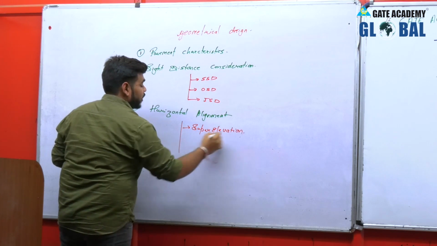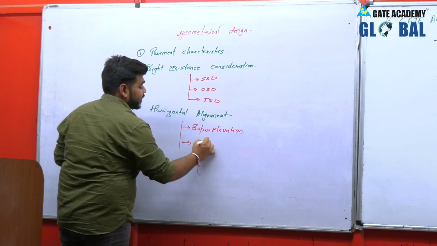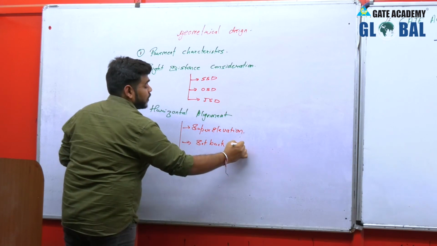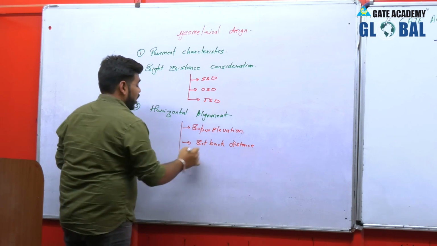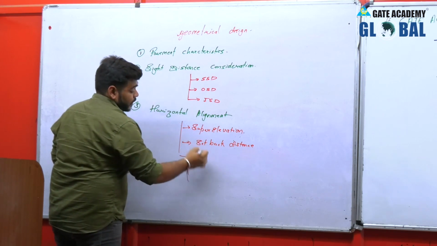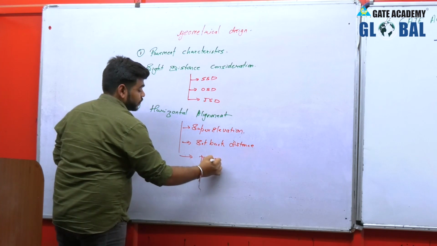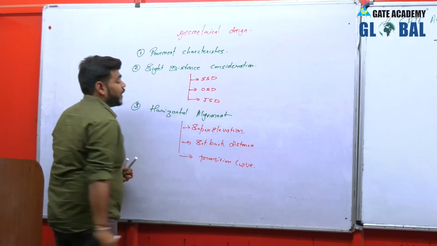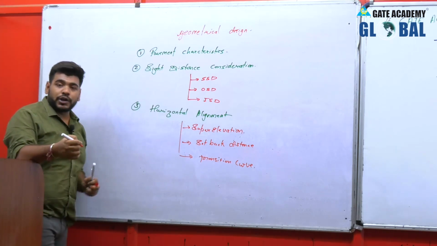The second is setback distance. The third important term of horizontal alignment is transition curve. These are a few important definitions we are going to study under horizontal alignment.